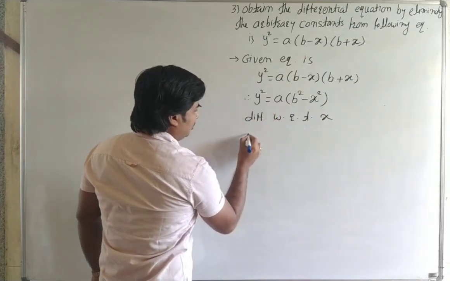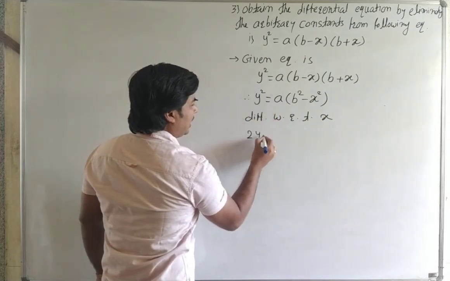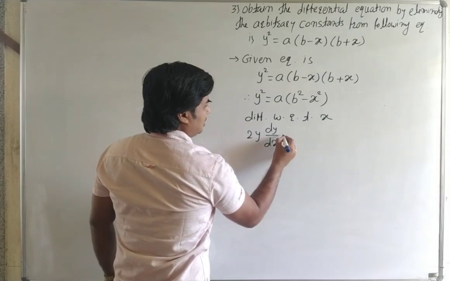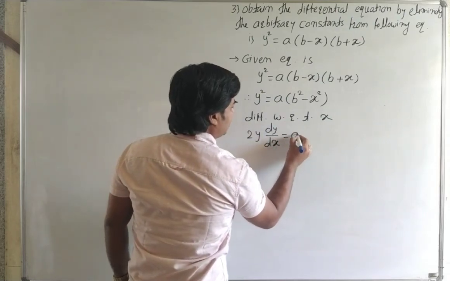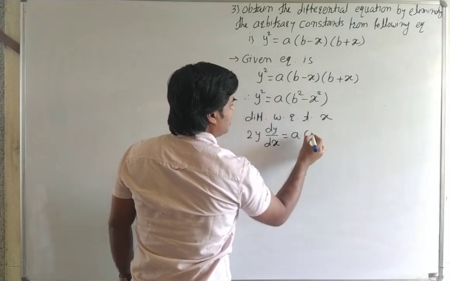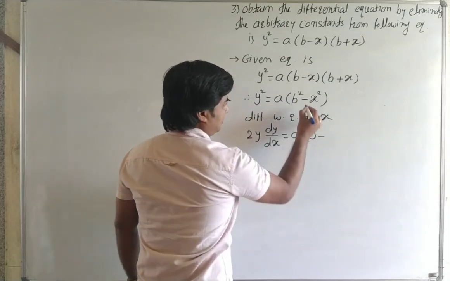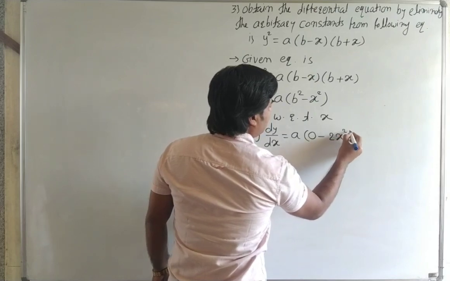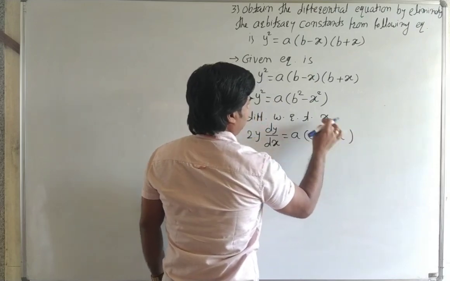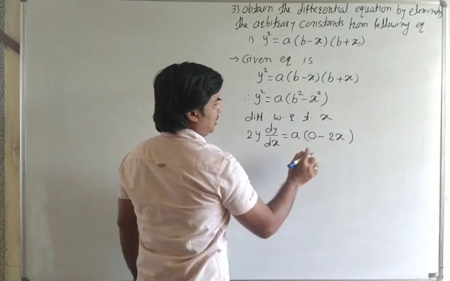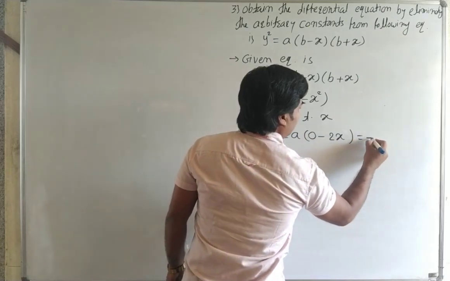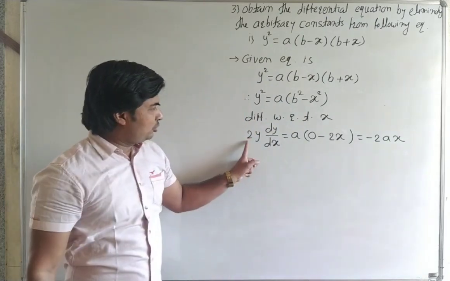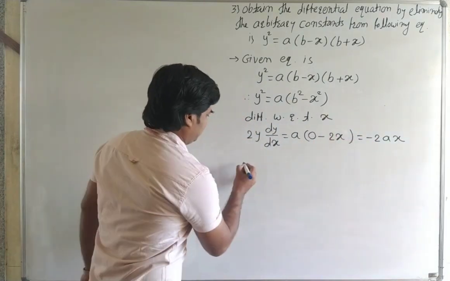Derivative of y square with respect to x is 2y dy by dx, is equal to a constant as it is, into derivative of b square minus x square, that is 0 minus 2x. Derivative of x square is 2x, so this can be written as minus 2ax, and this 2 and this 2 get cancelled.